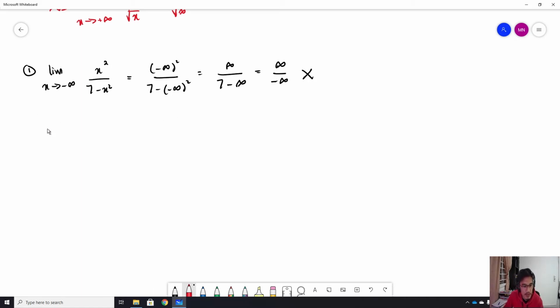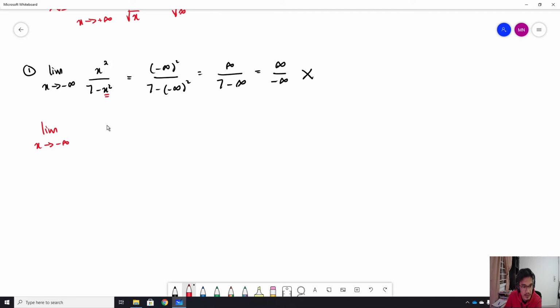So what we do is we need to adjust sikit, sama macam tadi. So bila kita ada x dengan x ya, kita ada faktor yang mana numerator ada x dan denominator pun ada x. So what we do is we divide both numerator and denominator with the highest power of x in the denominator. Okay, kita bahagikan dengan x yang berkuasa paling tinggi pada denominator, iaitu x square.